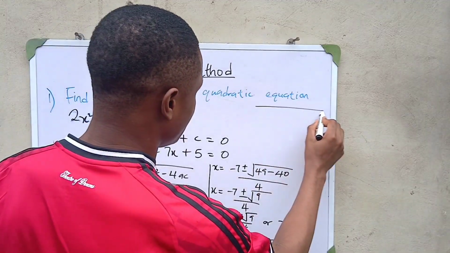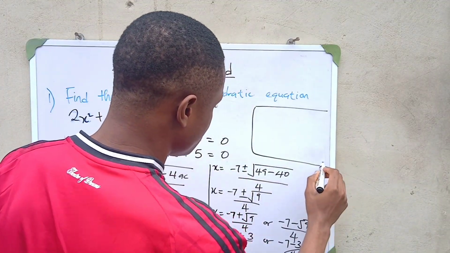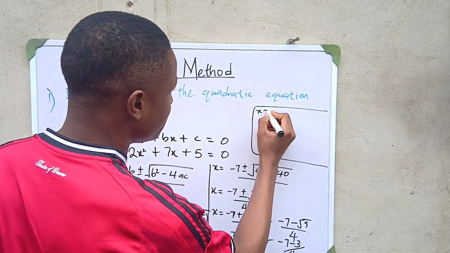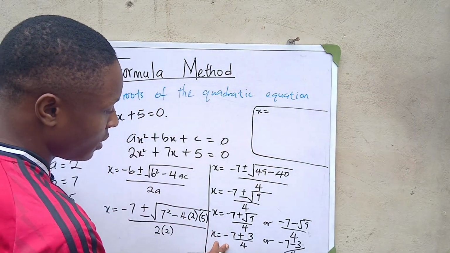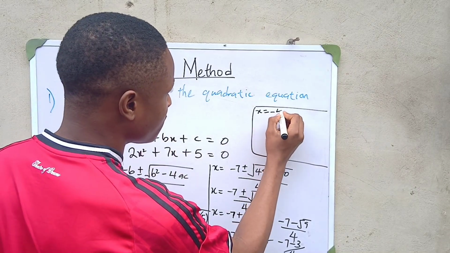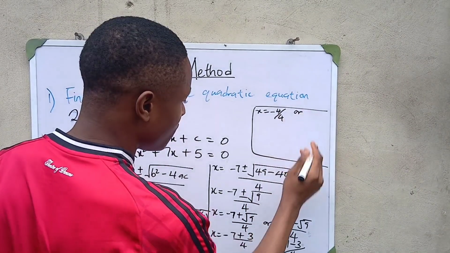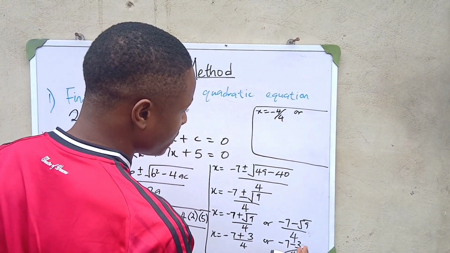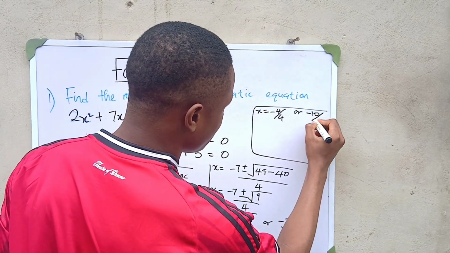So let's use this. So x is equal to minus 7 plus 3 is minus 4. So we have minus 4 over 4, or minus 7 minus 3 is minus 10 over 4.